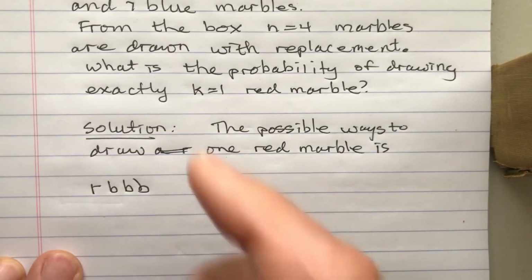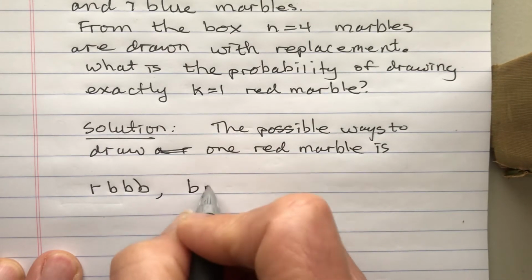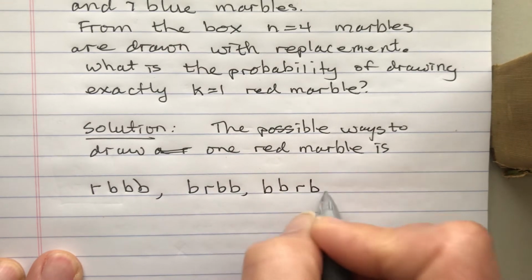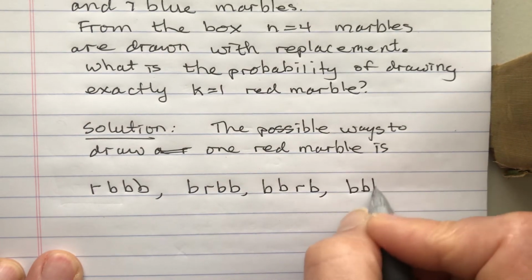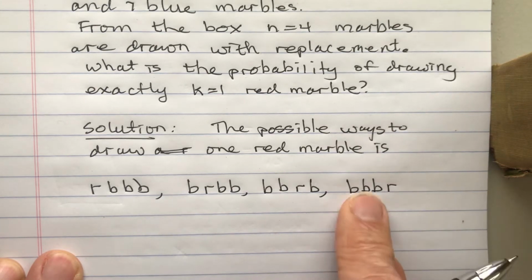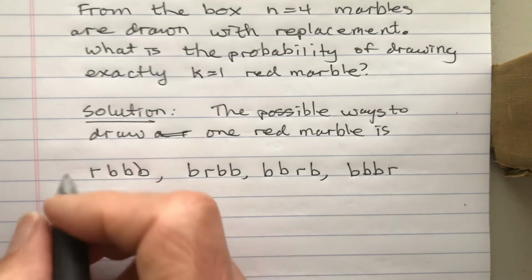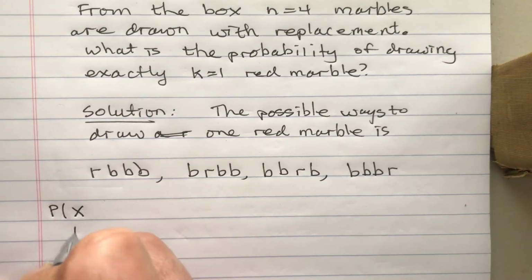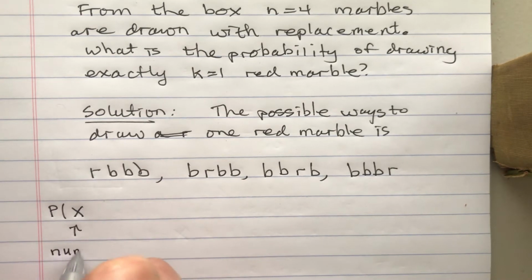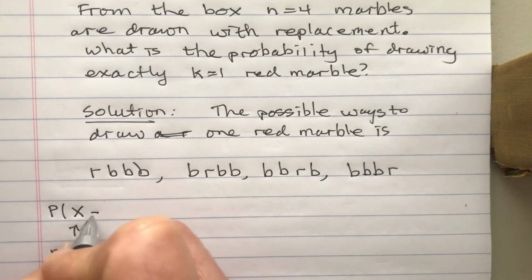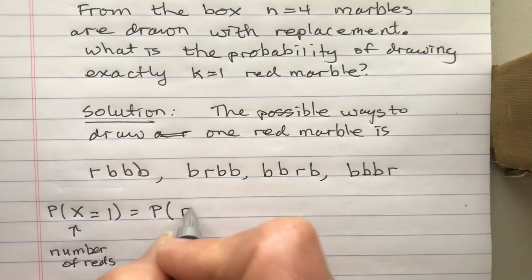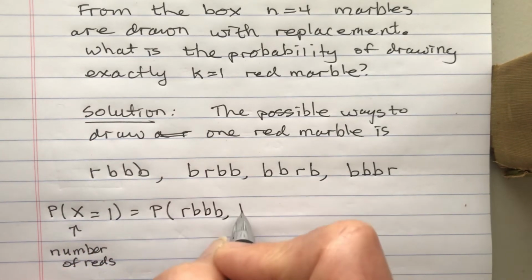The first one could be red, or the second one could be red and the rest blue, or the third one's red and the rest are blue, or the first 3 are blue and the last one's red. Those are the possible ways. So if I'm trying to find the probability that x, which is the number of reds, equals 1, this is the probability of either getting red, blue, blue, blue, or blue, red, blue, blue, and so on.